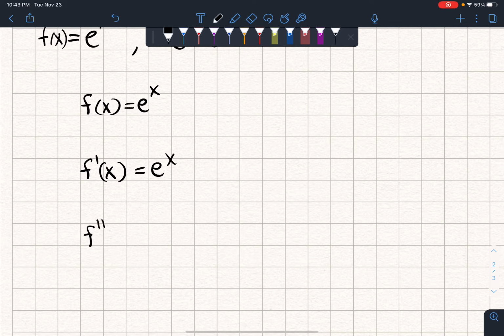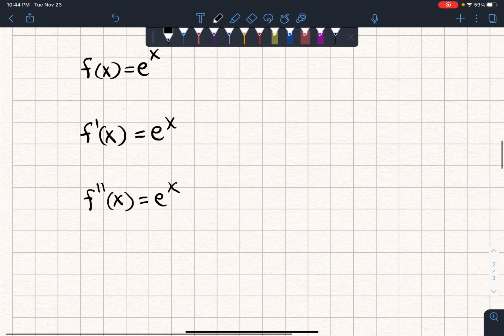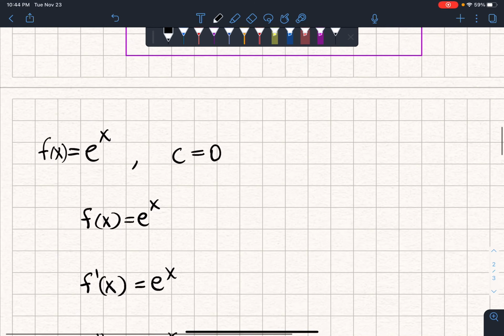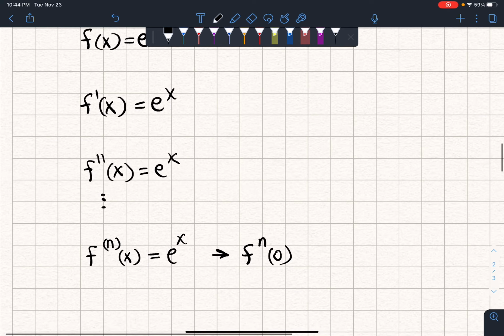F double prime of x is just e to the x. And it's pretty safe to say that if we take the derivative n times, we're just going to get e to the x. It never changes. So the nth derivative evaluated at 0, because our c is 0 in this case, is just e to the 0, or simply 1.